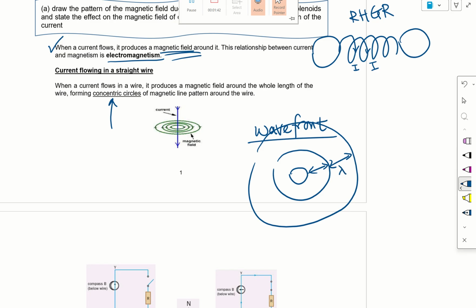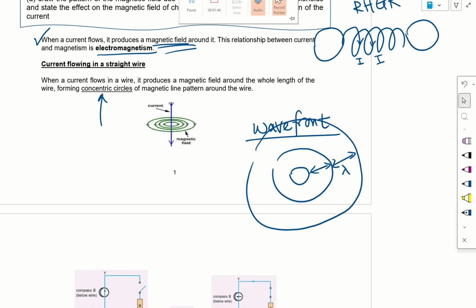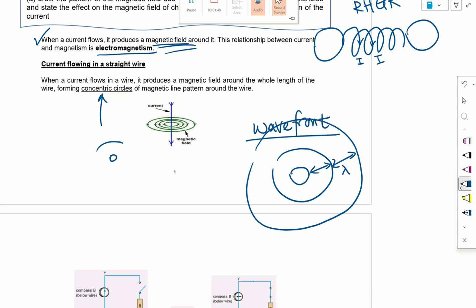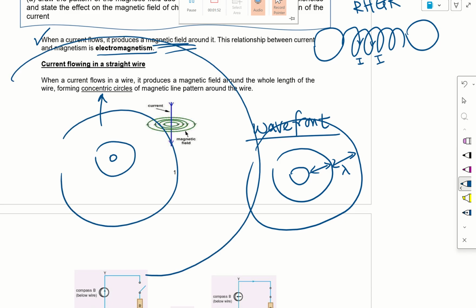But the magnetic field produced by this current forms concentric circles, and we have learned that the further away it is from the previous circle, the weaker the field strength.